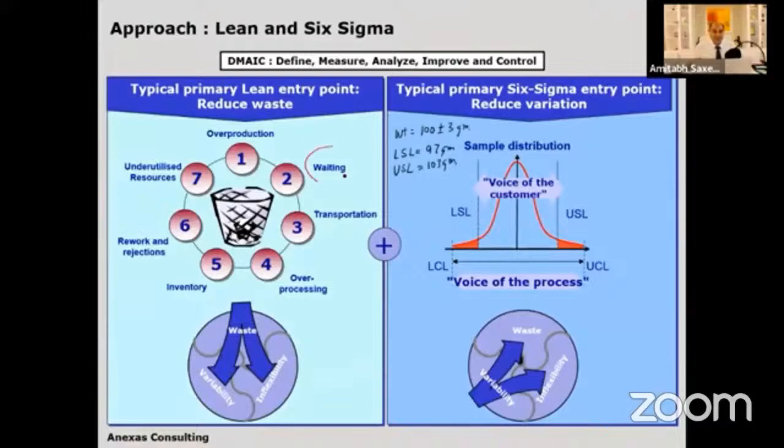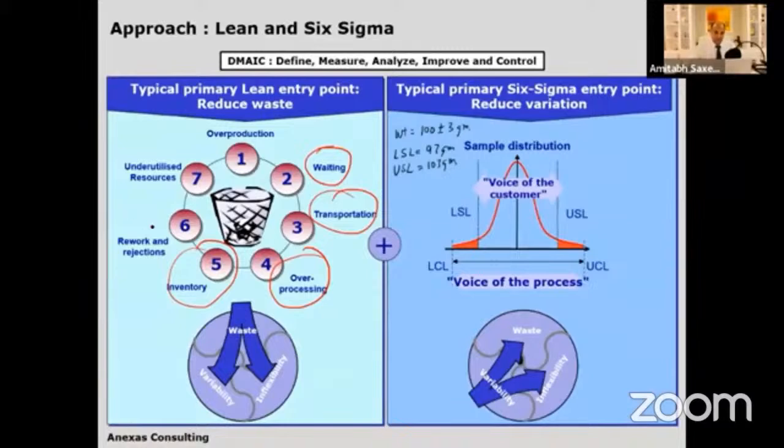Now coming to the other wastes. We have waiting time. I already talked about transportation, moving something from one place to another place. If the customer is not willing to pay for it and it is not adding any value, then it is a waste. Over processing, giving the customer more than required, is a waste. Inventory, whether work in process, finished goods or raw material inventory, blocks a lot of money in organizations.